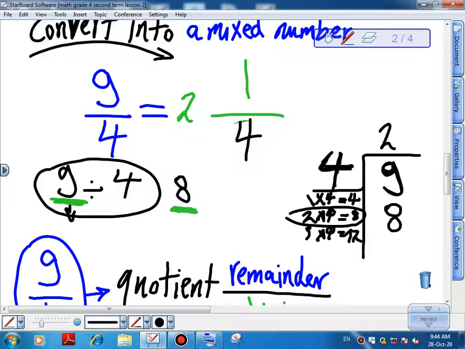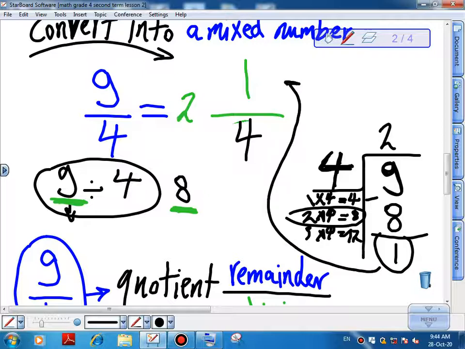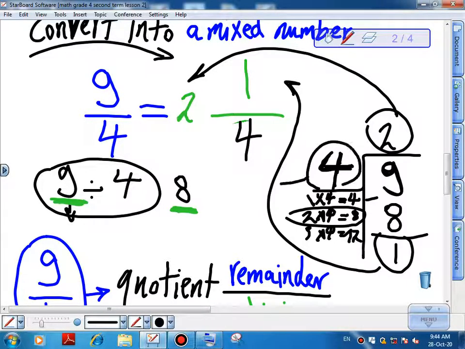Then subtract 8 from 9, it will be 1. This is called the remainder because 1 is smaller than 4. The remainder is put in the numerator, and the quotient is put in the whole part. And the divisor, which is 4, is put in the denominator.